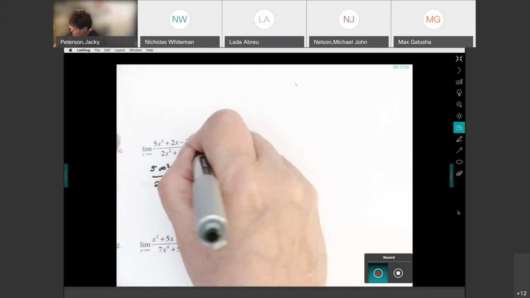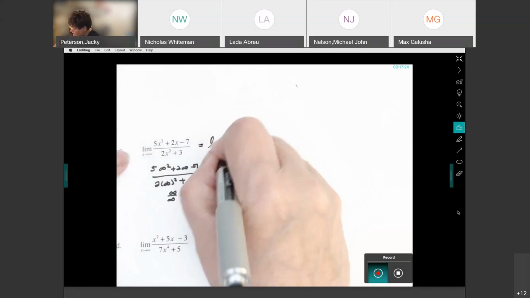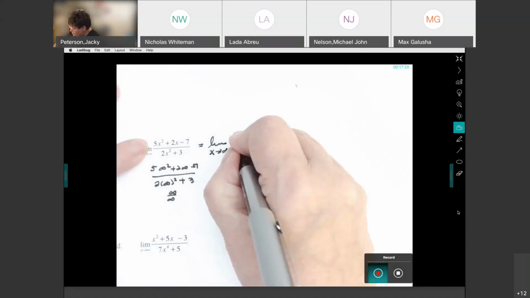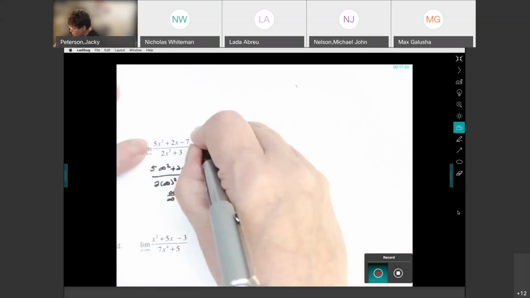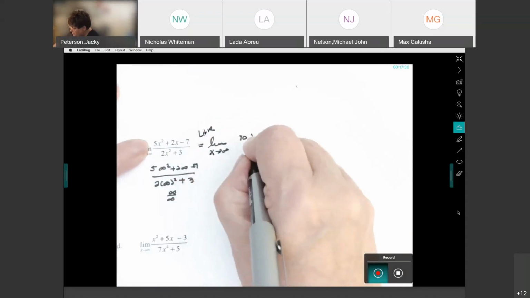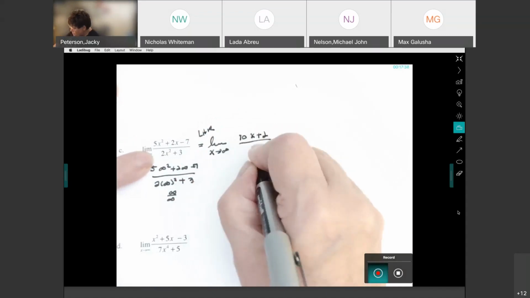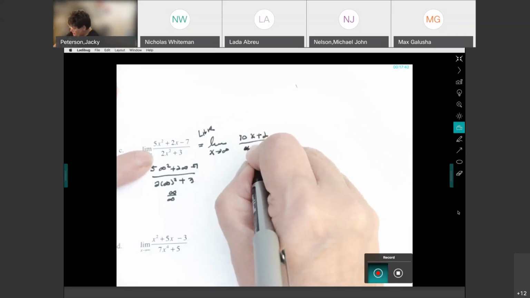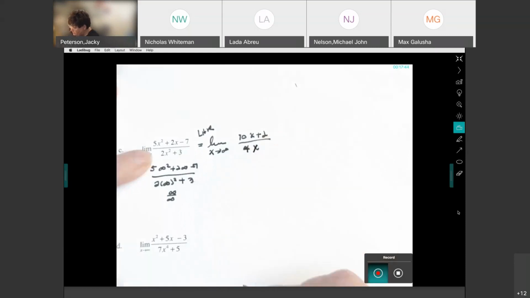So in order to do this, you would take the limit as x goes to infinity of the derivative of the numerator. Using L'Hopital's rule, the derivative of the numerator is 10x plus 2. The derivative of the denominator is 4x.